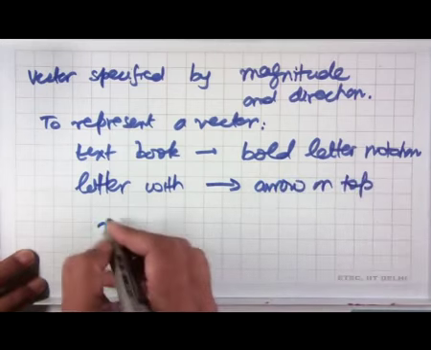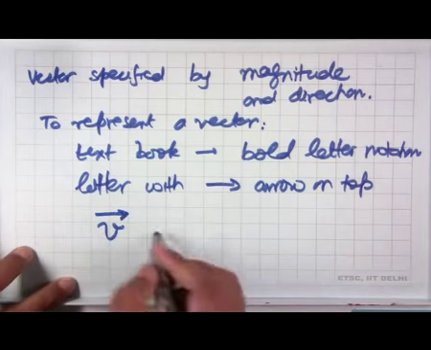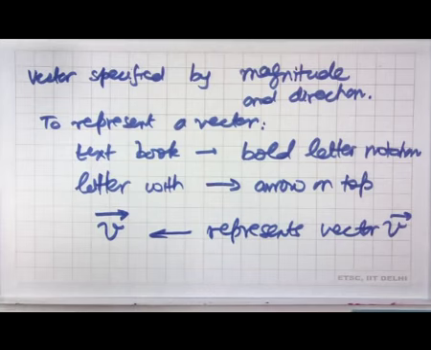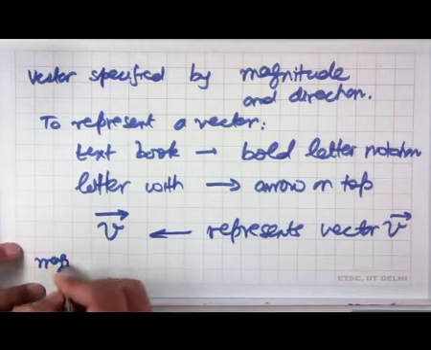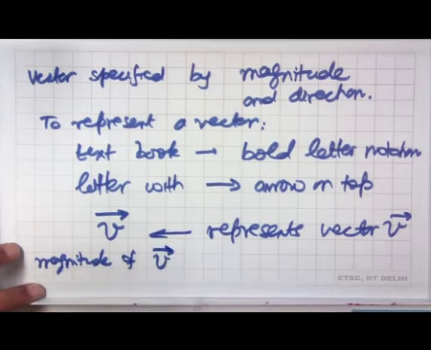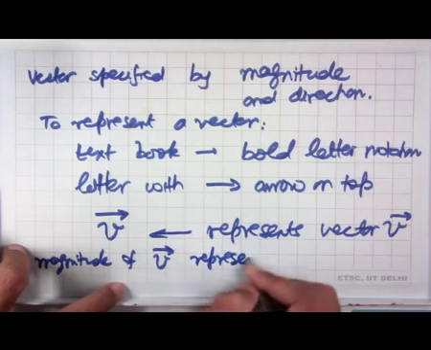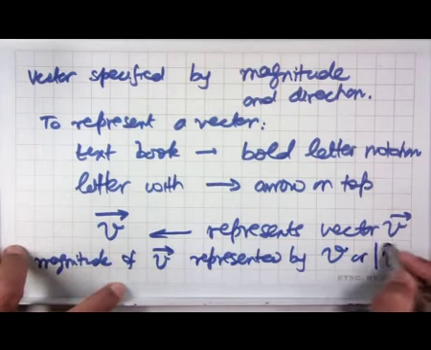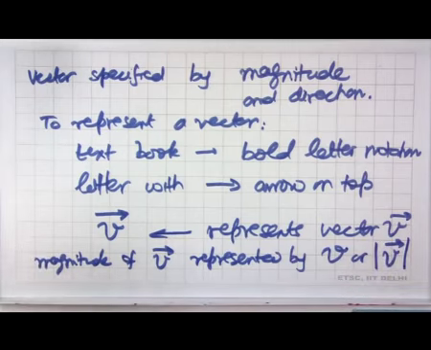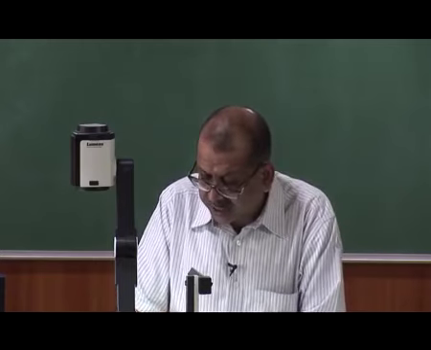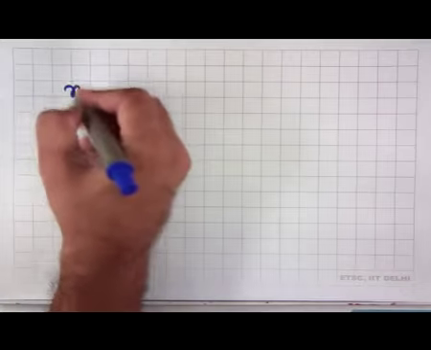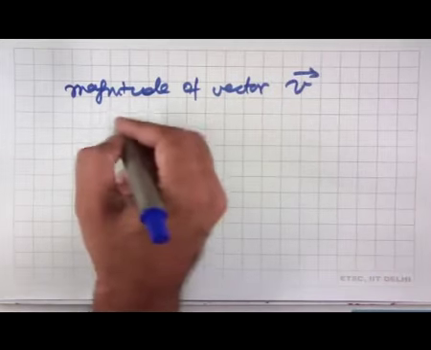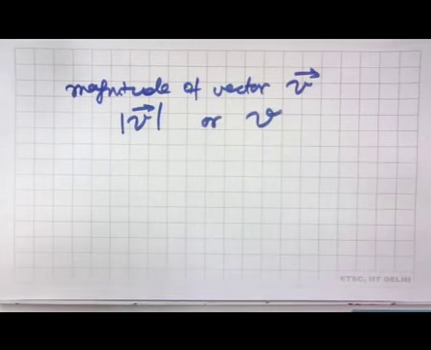So, for example, if I write V with an arrow on top, this represents the vector V, and the magnitude of this vector V is represented by just the letter V without the arrow, or sometimes we show it in between two parallel bars with the vector V. So, the magnitude of the vector V, we will write either as the vector V in parallel bars or V without the arrow.